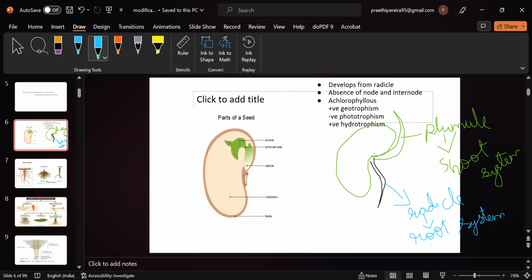So what is a root? A typical root develops from a radicle. Root is that which develops from a radicle.